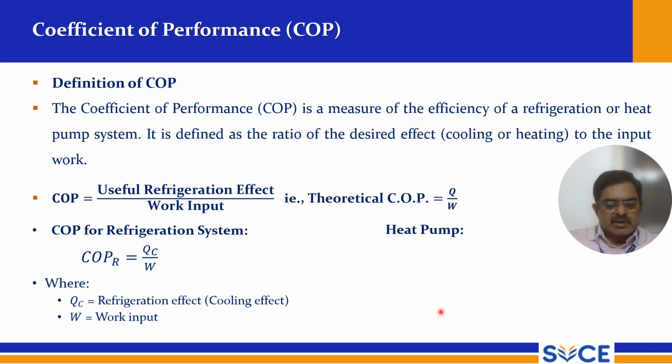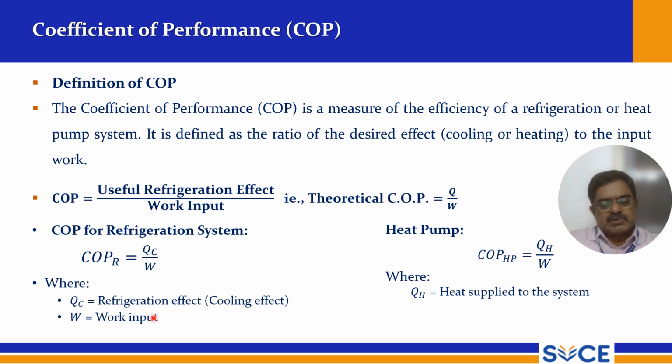And similarly for heat pump, it is QH by W, and QH is nothing but heat supplied to the system, and work W is same as the work input to the heat pump. So this is about coefficient of performance and its equations for heat pump as well as refrigeration system.